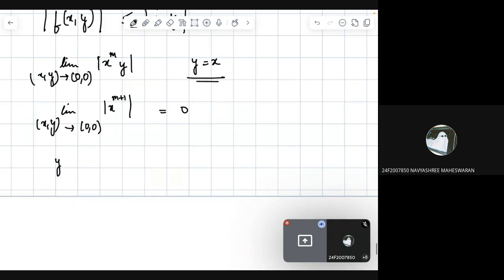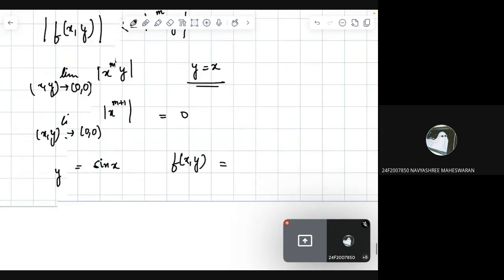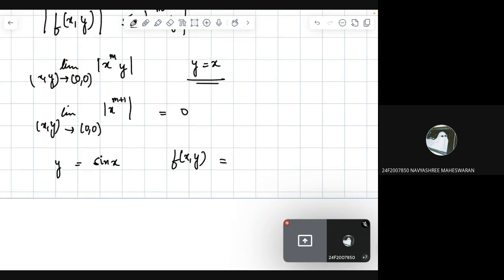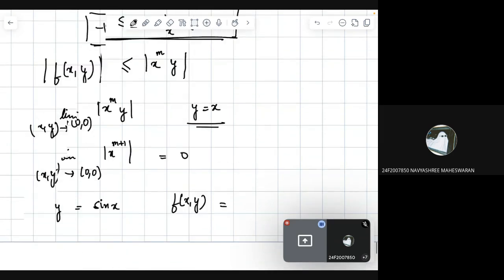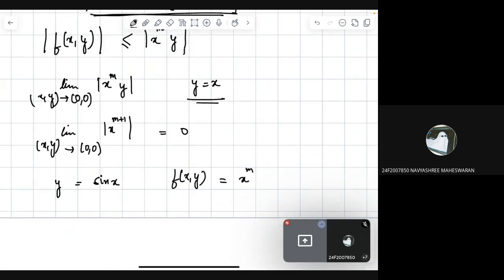Say we take y equal to sine x, then what happens? Then f(x,y) becomes x^m sine x sine 1 by x.